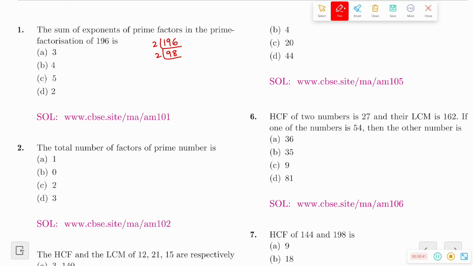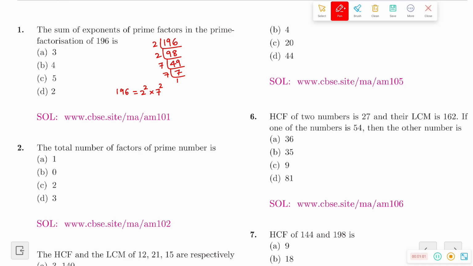Again 2 table, 2 49s are 98. Now 7 by 7, 7 sevens are 49, 7 ones are 7. So we can write 196 as 2 power 2 into 7 power 2.